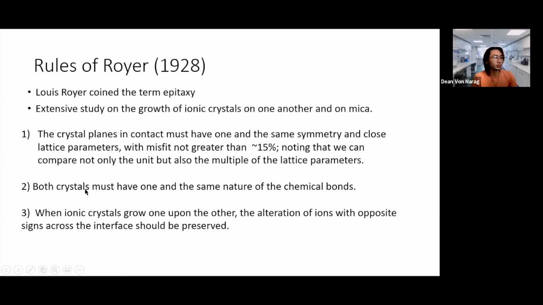So yeah. And then for the third rule, when ionic crystals grow one upon the other, the alternation of ions with opposite signs across the interface should be preserved. So I think this arose from, of course, ionic bonding, your charges need to be preserved. So you can look at it from the perspective of defect equations, for example.